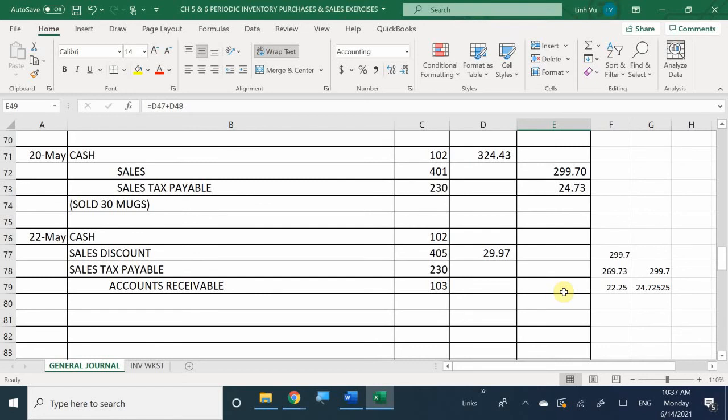Is it the 10% of 269.70? 10% of 269. The 269 is including the 10% discount, right? The 269 is the discounted amount, because remember, originally we sold 30 mugs at $9.99, which I've calculated right here.